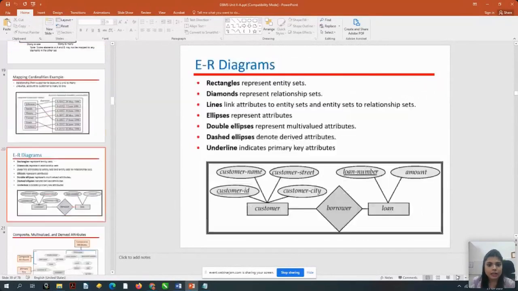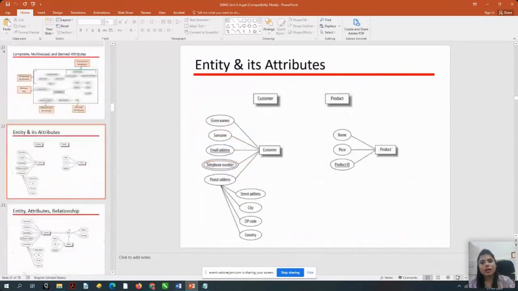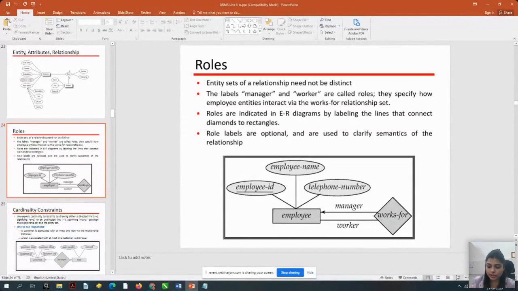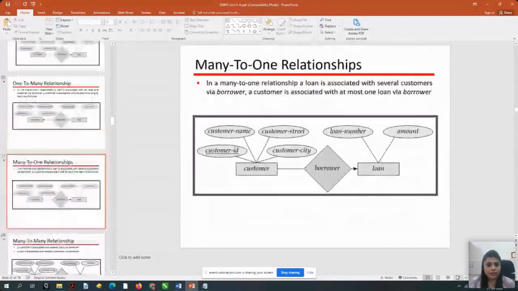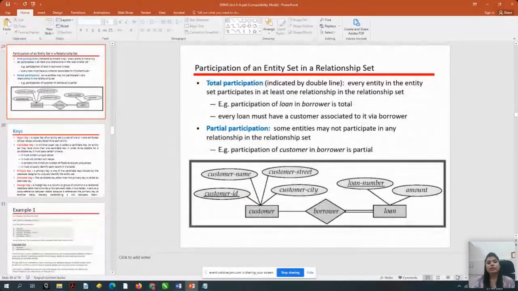And then we have various roles which are optional, which can be specified on the links which connect the entity to the relationship. And remember, a relationship can also have attributes. Then one important thing which we studied was total participation and partial participation, the participation of an entity in the relationship set.